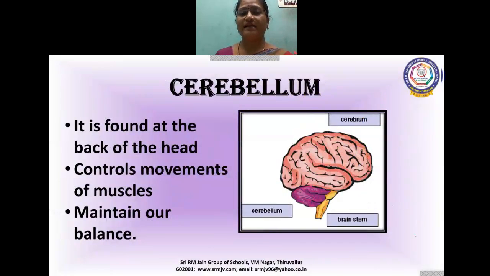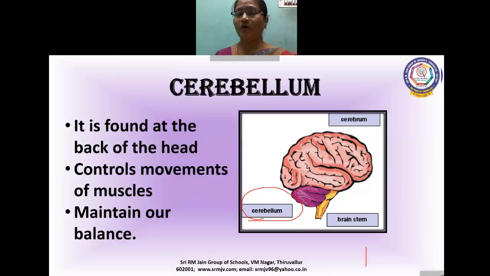See children, this is the cerebellum. Can you see this picture? For example, while you are walking or cycling on the road, how do you control your balance? Your cerebellum controls all the muscular activities.